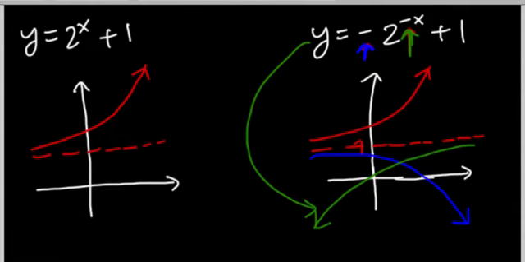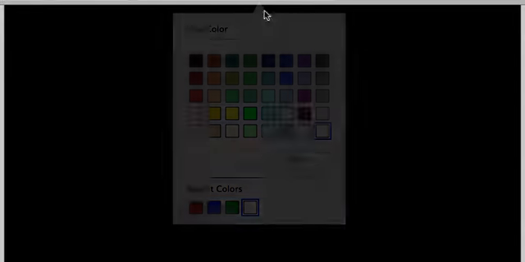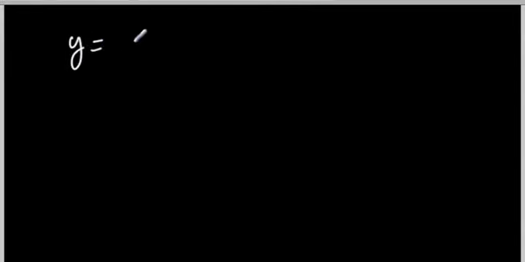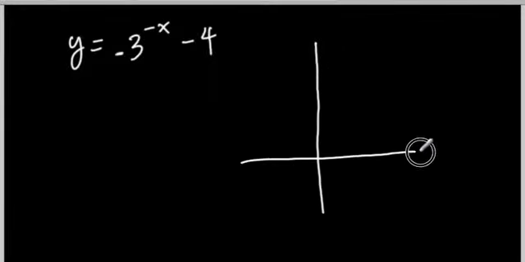So let's do something and see if we understand it. Let's do one more. Let's say y is equal to 3 to the power of negative x, minus 4. The first thing we have to draw, obviously, is the asymptote.